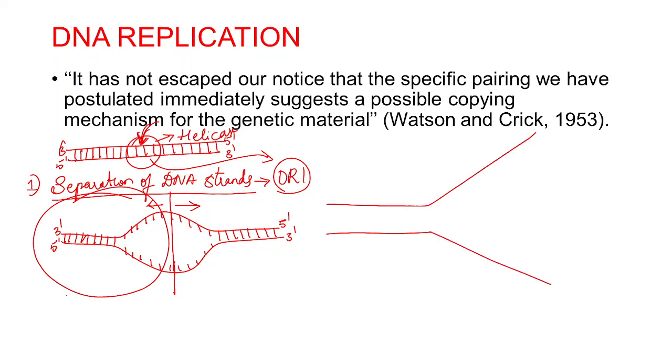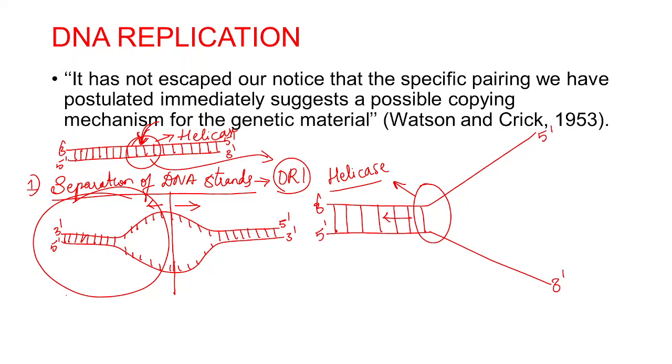This is called the replication fork. And here what has happened? By means of the enzyme helicase, which is moving in this direction, it is separating the DNA strands. Here the 3 prime end is there, here the 5 prime end is there, and here the 5 prime end will be there, here the 3 prime end will be there, right.